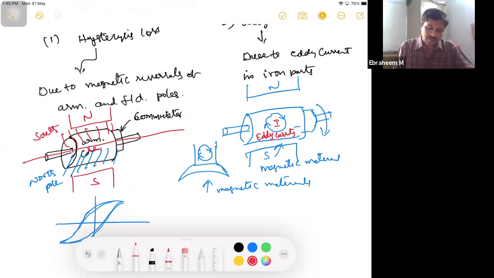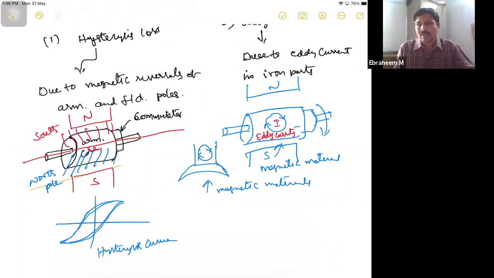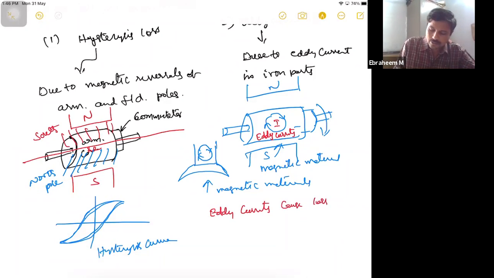This core will have its resistance, so that circulating current is lost as heat in the core and poles. So eddy currents cause a power loss in the core.